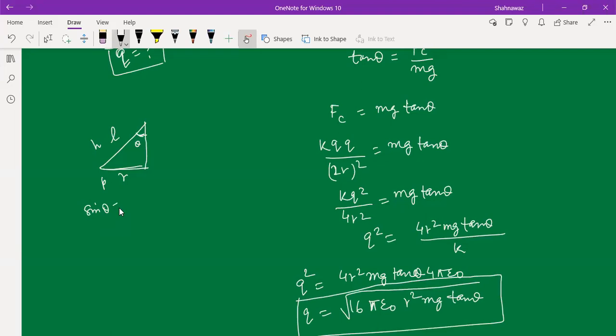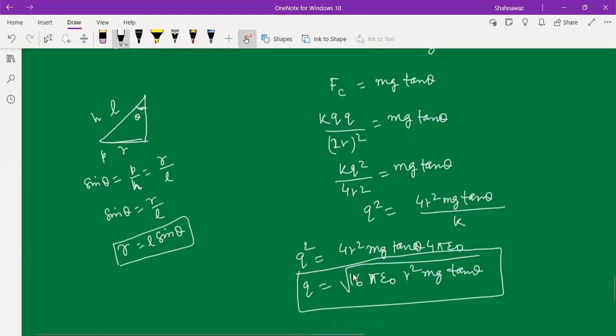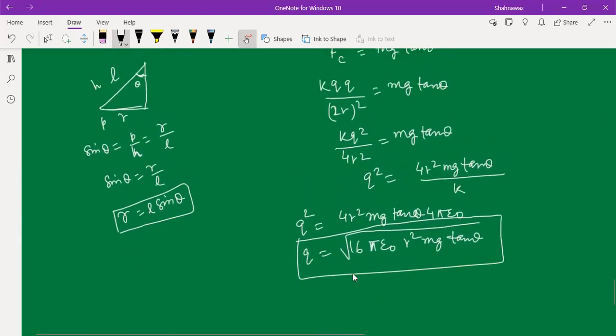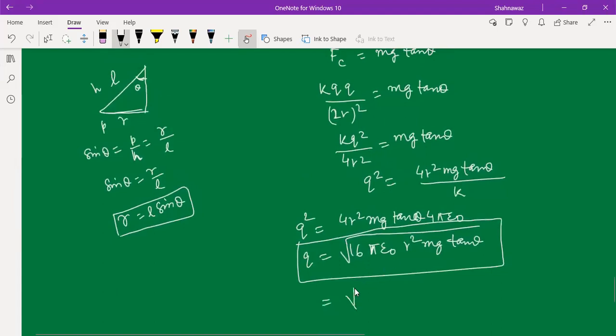Sine theta is P by H, right? So P is R and H is L. So sine theta is R by L. So we can write R as L sine theta. So in place of R square, we can write this also. So this is 16 pi epsilon naught L square sine square theta mg tan theta. So this is also the answer.